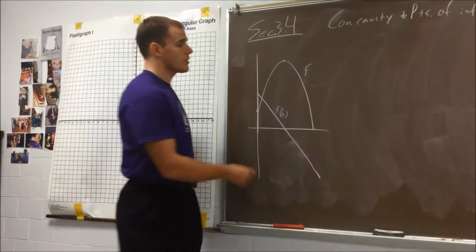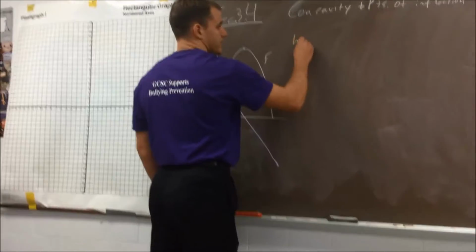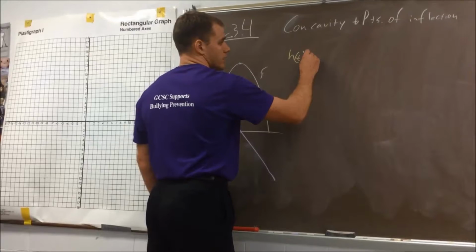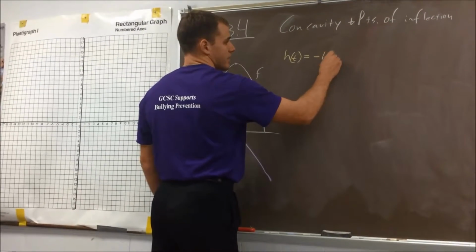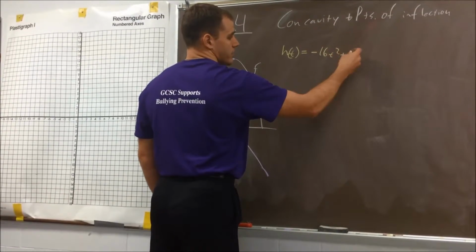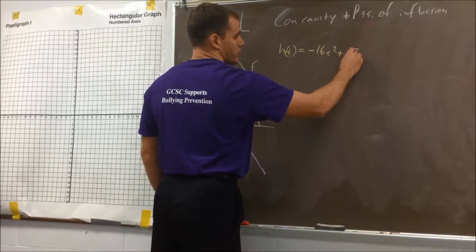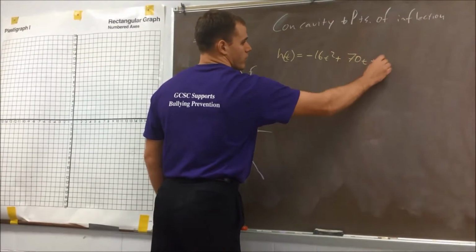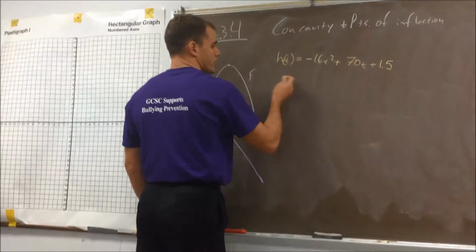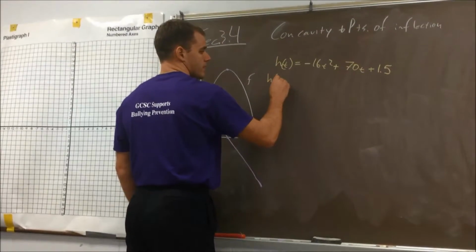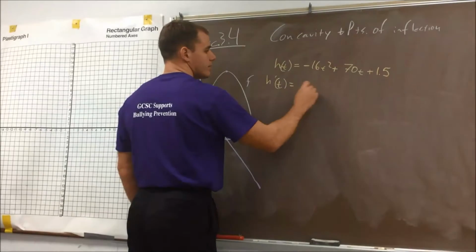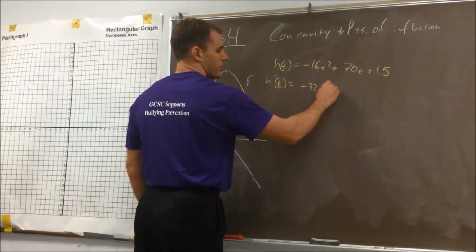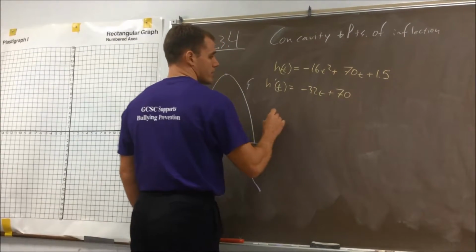Okay. Our original equation was the height of t was negative 16 t squared plus whatever your starting velocity was, 70 t plus whatever the starting height was, we'll say it was 1.5 feet. We derived it. We got negative 32t plus whatever your starting velocity was.